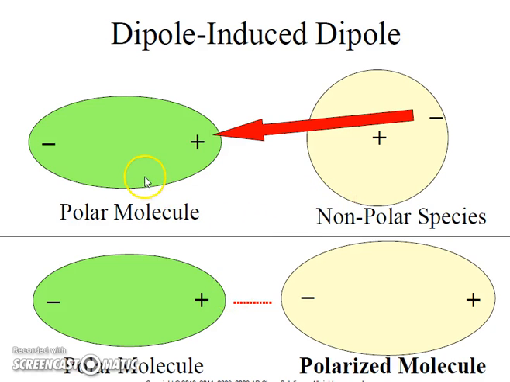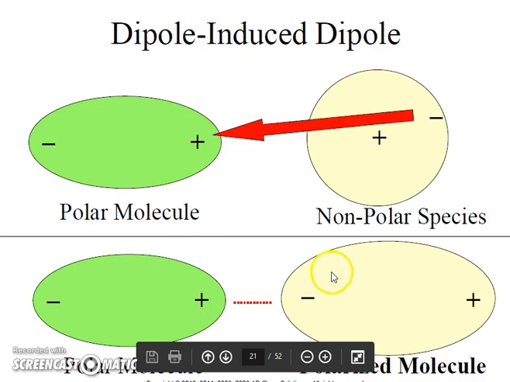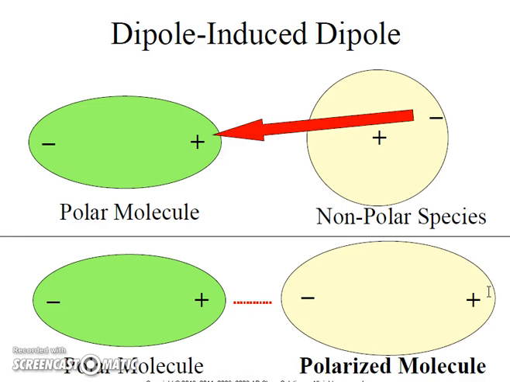So polar molecule, nonpolar species. It's neutral. But then when it gets closer to this, it actually attracts the negative part so much that it causes it to temporarily become polar. Now, when you move that induced dipole away from the polar molecule, it will go back to being nonpolar.